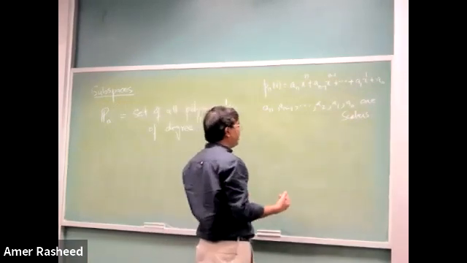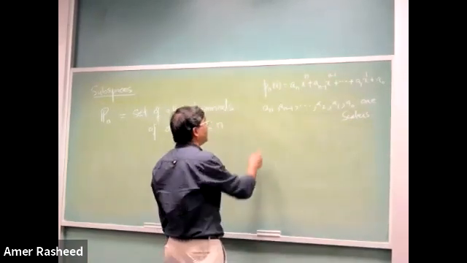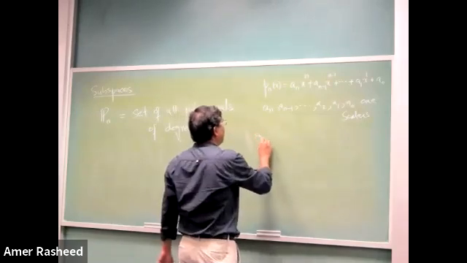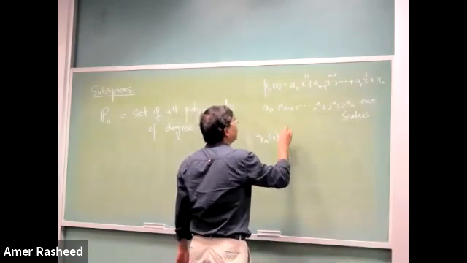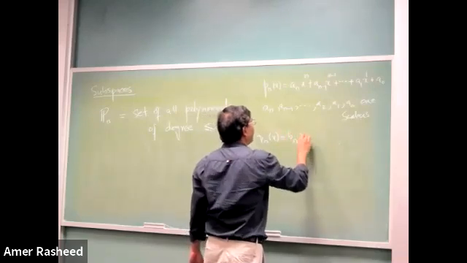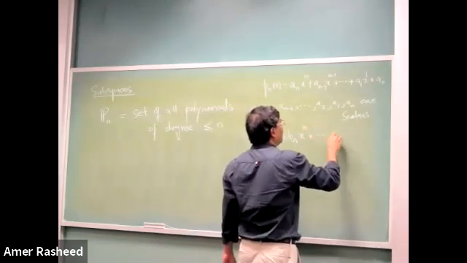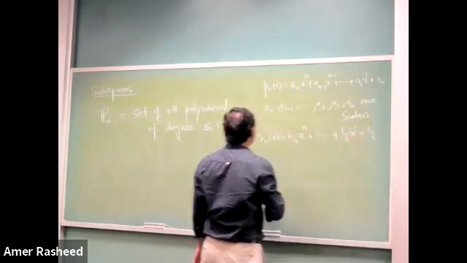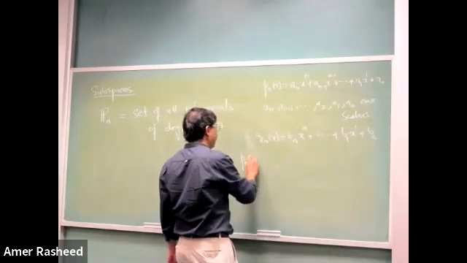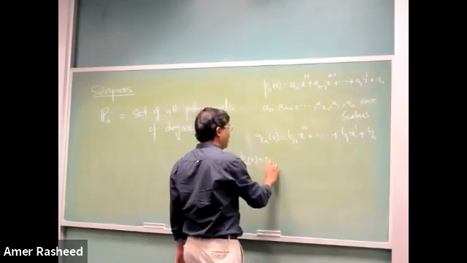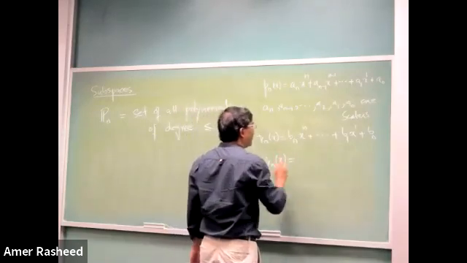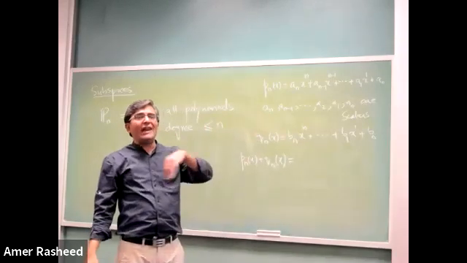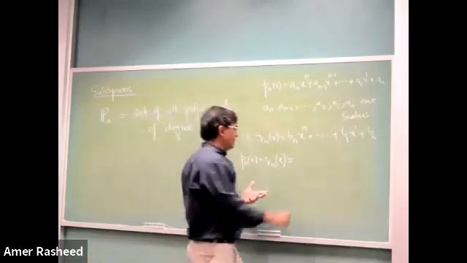How do we define addition of polynomials and scalar multiplication of polynomials? If we define another polynomial, q_n of x, which is b_n x to the power n plus so on plus b_1 x plus b_0, how do we add p_n of x plus q_n of x? We add the coefficients of like powers of x.